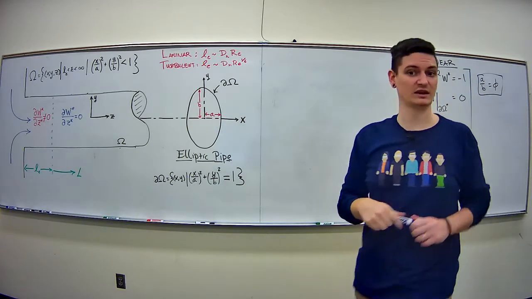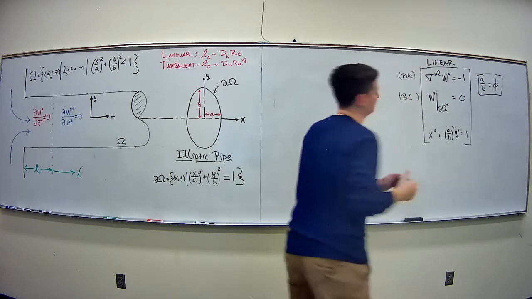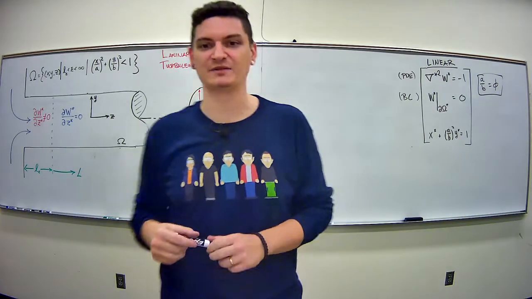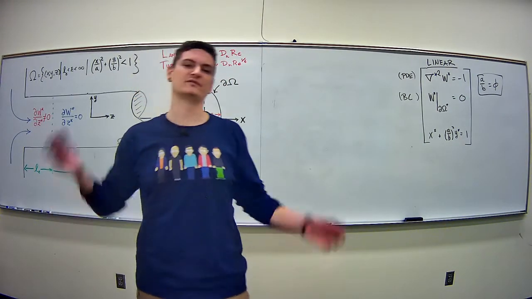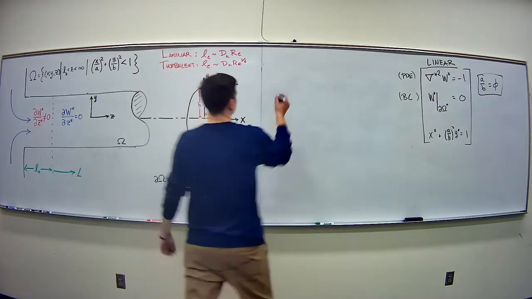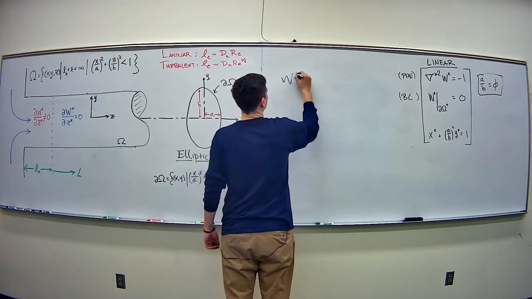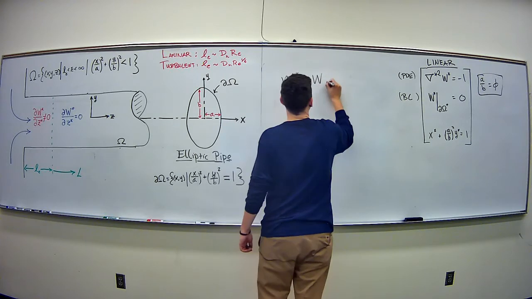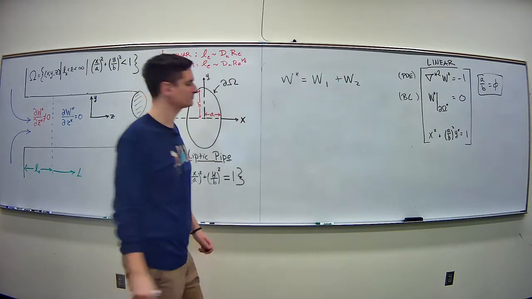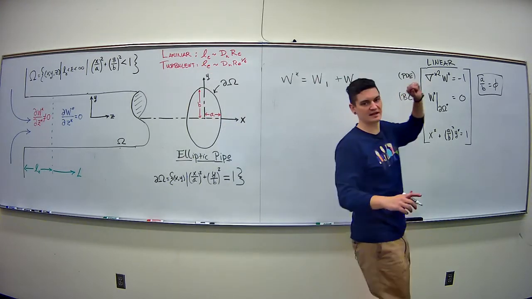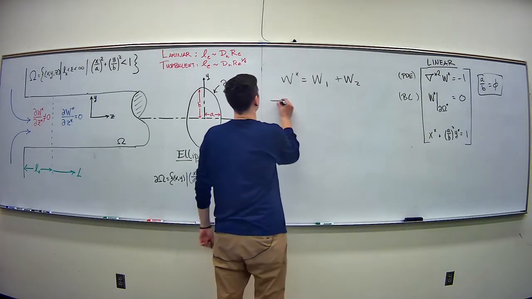So in terms of solving linear differential equations, one big property that you can always utilize is that the sum of two solutions is a solution of that sum. So if I say that W star is, let's say, equal to W1 plus W2, this operator is linear, so that means I can solve subproblems.